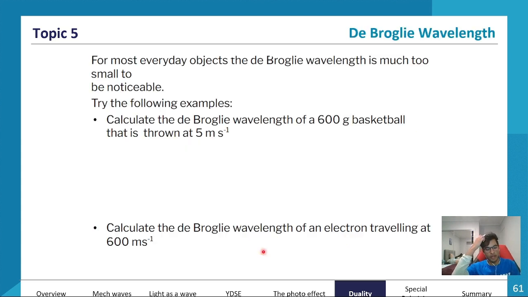And what you can do is calculate the wavelength of everyday objects. So we can calculate the wavelength of a basketball thrown at this speed.